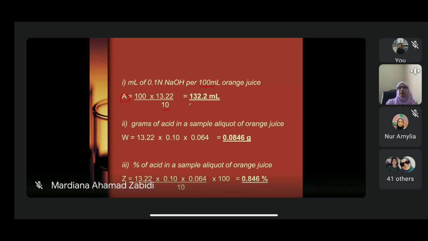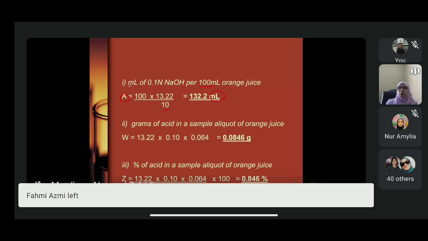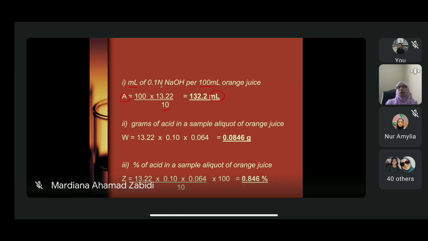So the answer, just press the calculator. A equals to 132.2 milliliter. The unit is in milliliter because the first expression is for volume, not liter. If you want to change to liter, then of course you can convert the unit. You have learned unit conversion in your food engineering and unit operation.